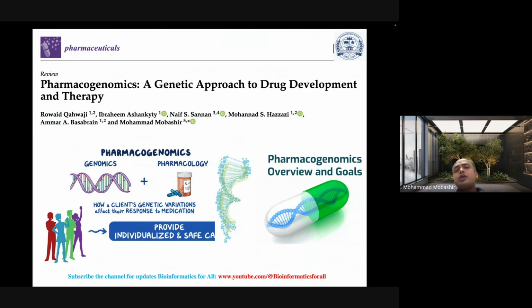Here, in the current challenges, especially in complex diseases like human cancers, diabetes, and some more human diseases, people are focusing on understanding the genomics of the patients and then looking for the solution in terms of a pharmacological approach.